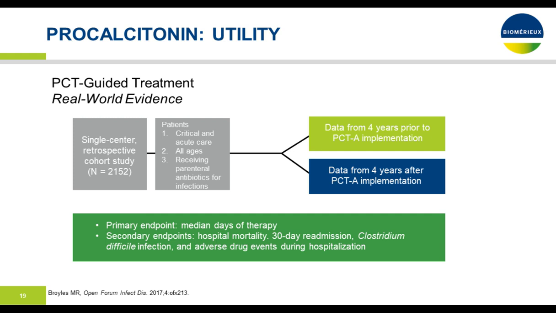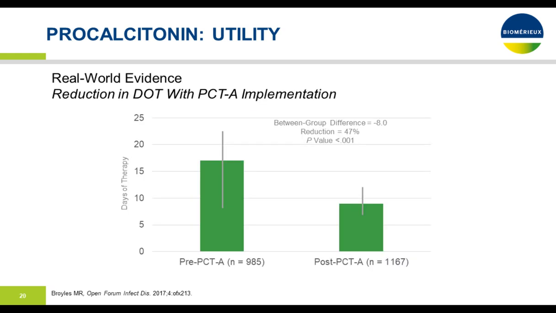His primary endpoint was median days of therapy. His secondary endpoints were pretty vast: hospital mortality, 30-day readmission, Clostridium difficile infection, and adverse drug events during hospitalization. He showed a statistically significant reduction in days of therapy when you followed a procalcitonin protocol.